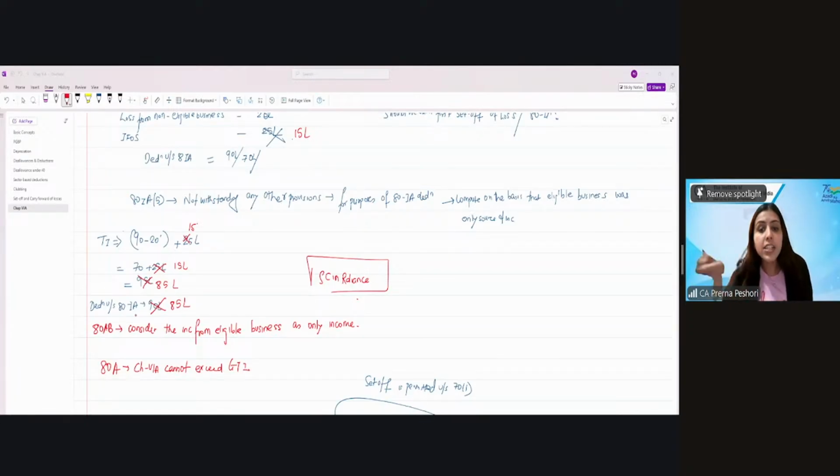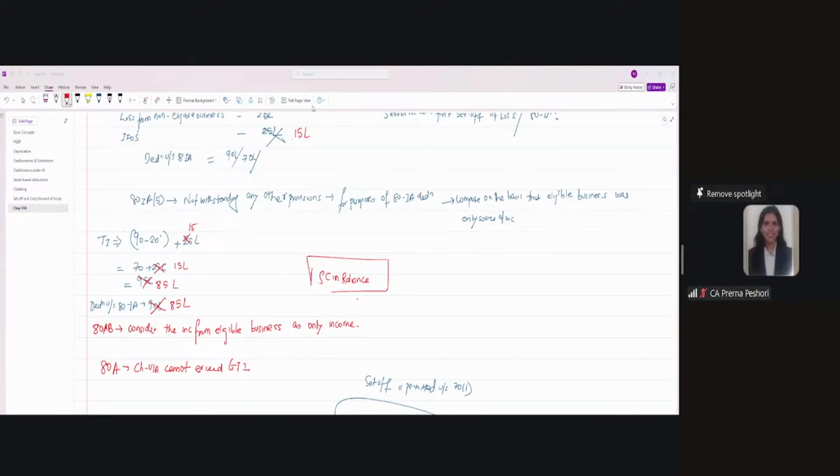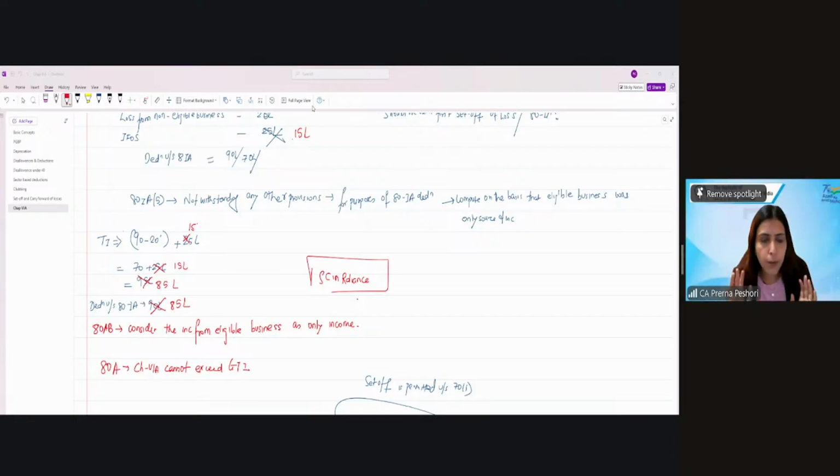Even though under 70 you are offsetting, in this year also you are offsetting. In the year when you had the set off of losses and you had the profits under the eligible business, you were setting off the losses under 70, plus you were claiming the deduction considering that is the only source of income. Right?